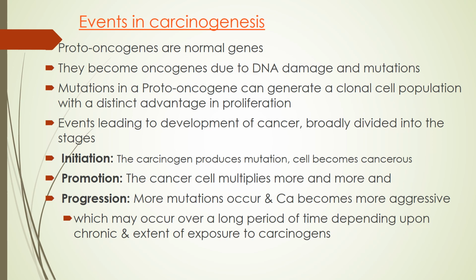Initially there was one mutation, but due to the instability of the DNA or the gene, more mutations have occurred and cancer becomes more aggressive, which may occur over a long period of time depending upon the chronicity and extent of exposure to the carcinogens. So there are three stages in the process of carcinogenesis: initiation, promotion, and progression. And these all are due to the transformation of a proto-oncogene to a malignant oncogene due to DNA damage which causes mutation.